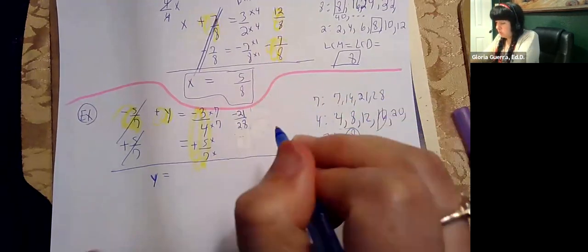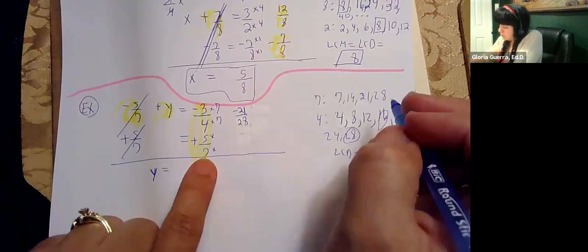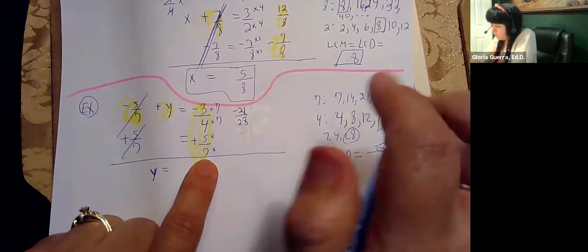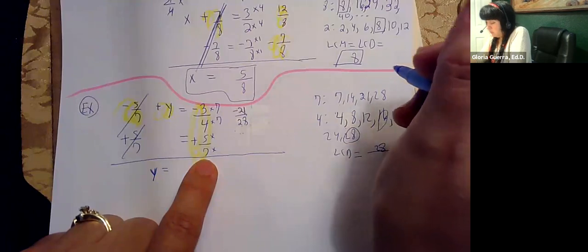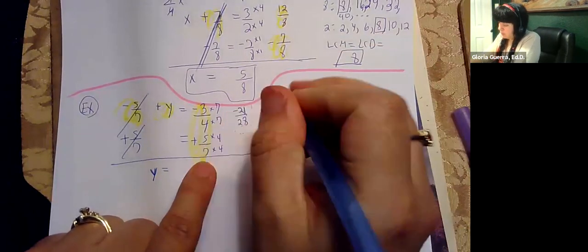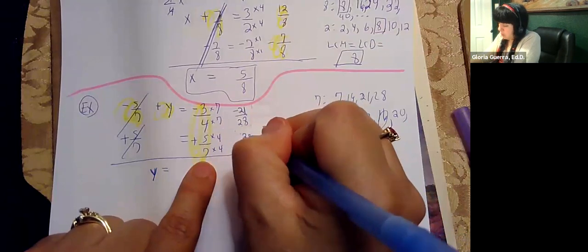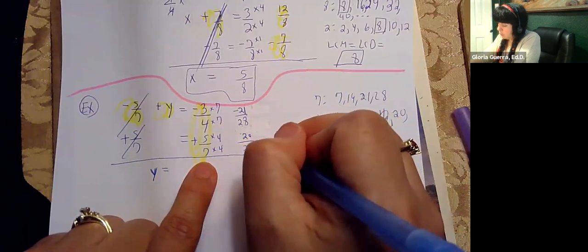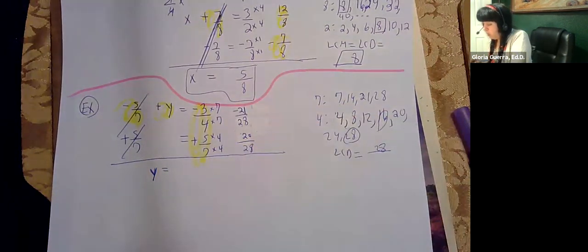And the other fraction is on the 7ths, so we multiply by 4. 7 times 4 is 28. That gives me 20 over 28. And then you have negative 21 over 28 plus 20 over 28.